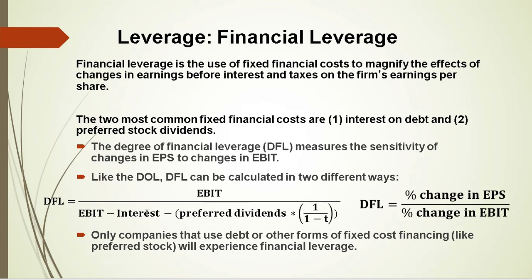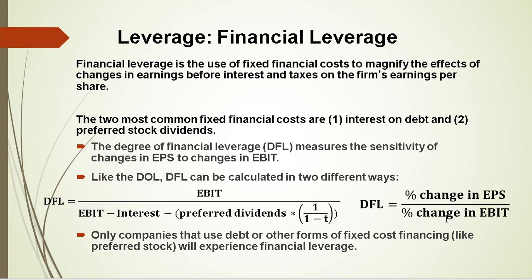So again, if you had no fixed costs in financing, interest would be 0, preferred dividends would be 0, and the degree of financial leverage would be equal to 1. And as this number increases, that must mean that the financial risk of the company is also increasing.